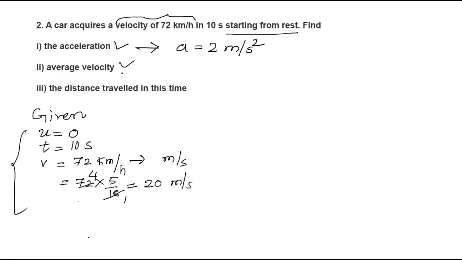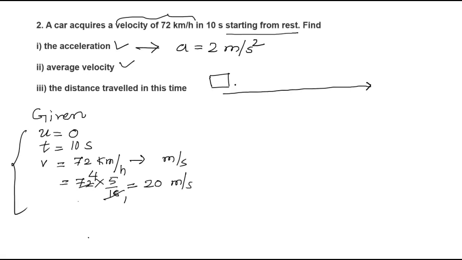Before we go and calculate average velocity, I want you to just focus on this particular example. Let's say that an object can be a car or a body. I'll just make a small cube. It's an object which is moving in a straight line, right?